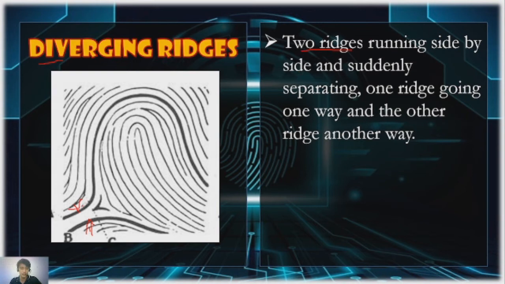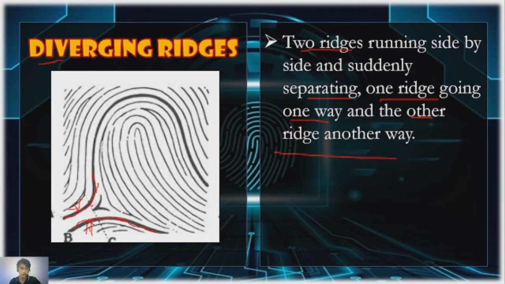This side is a single ridge, and on the other side is a single ridge. So side by side, facing each other, and suddenly separating, one ridge going one way, going from the top, and the other ridge going in another way. That's why these are what we so-called diverging ridges.